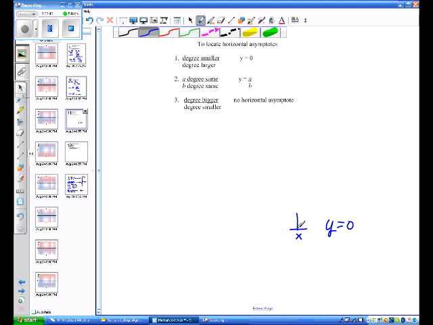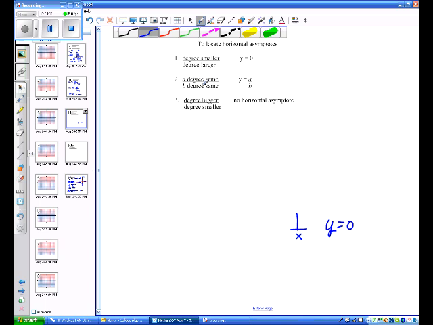Even if this is x cubed and this is x to the 4th, this is still going to get a lot larger. And as your denominator gets larger, your overall fraction gets smaller and approaches 0. So that would be one where your horizontal asymptote is 0, no matter what these two numbers are.